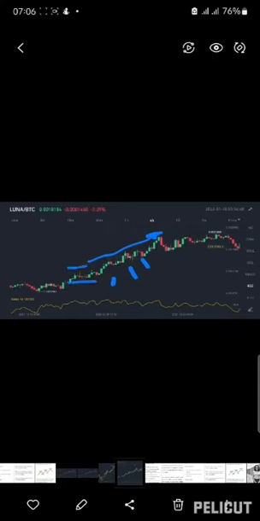So this is what happens when a price tests a certain level so many times. After the breakout, this level that used to be a resistant level became the support, and this one became the new resistant level. That's what I'm trying to explain. So that's the meaning of what I read back there.